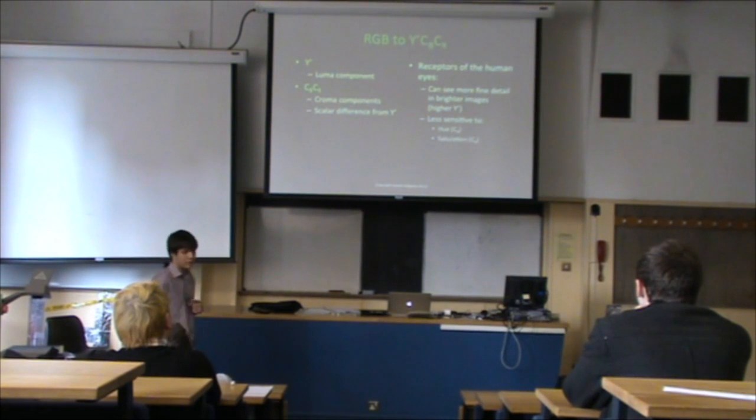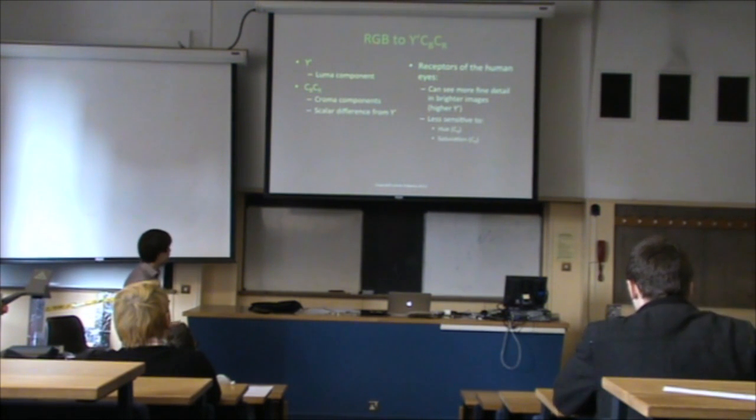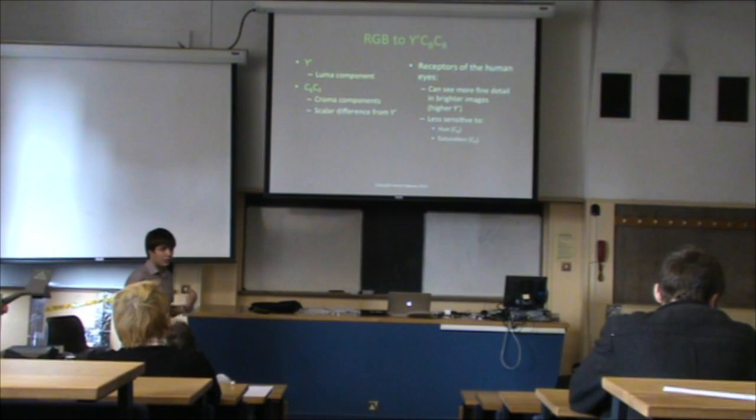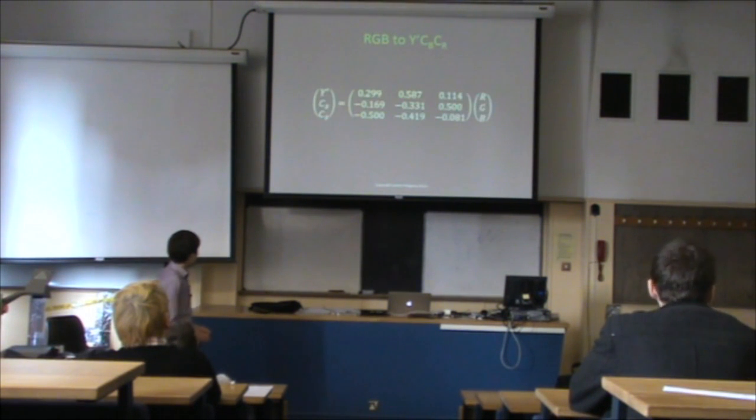So this luma component, Y prime, relates to the intensity or the brightness of a pixel, and you've then got these two, difference blue and difference red, which are essentially chrominance components. They're a scalar difference from Y prime. You would compute the difference in blue by working out the difference between Y prime and pure blue. Same principle with the difference in red.